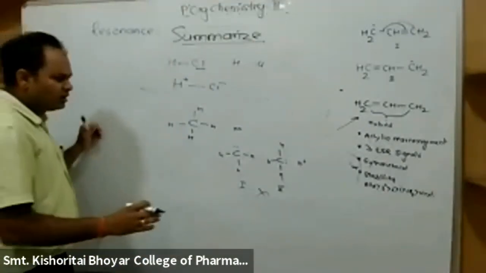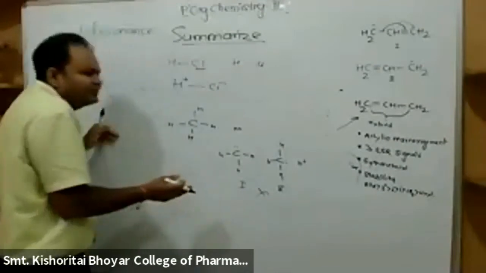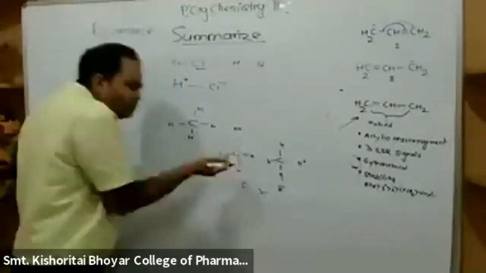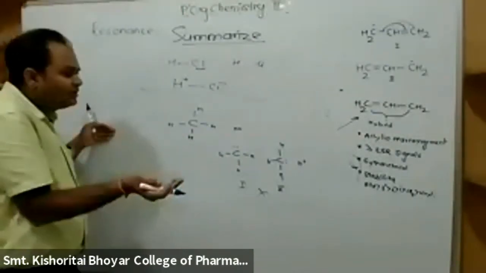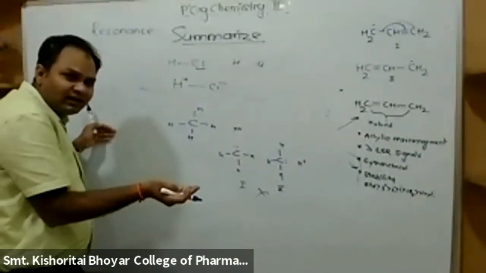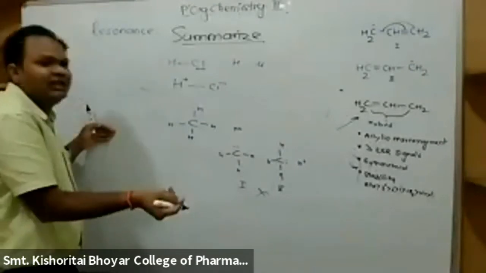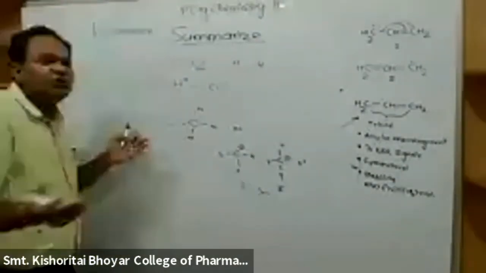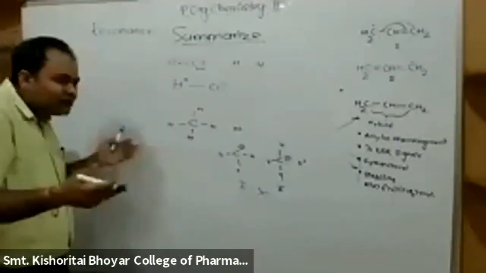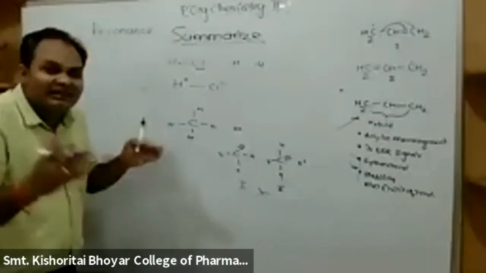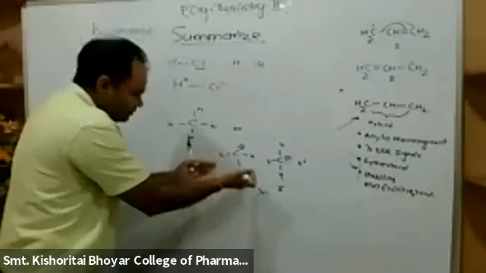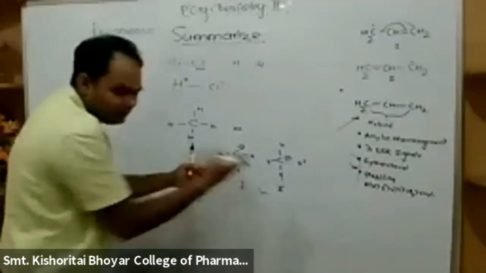If you say we can represent methane like this too, why? There is no use. Because the electronegativity difference between carbon and hydrogen is negligible. If you represent methane like this, carbon bears a negative charge, and carbon is not an electronegative atom, so it cannot retain the negative charge and becomes unstable. So you cannot represent the methane molecule like this.